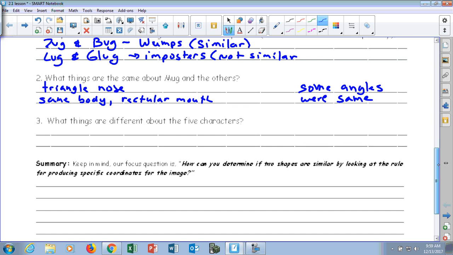Now again, what things were different? Well, obviously if some angles were the same, they had a lot of different angles. So from Mug compared to Zug, the lengths were doubled. And what about Bug?